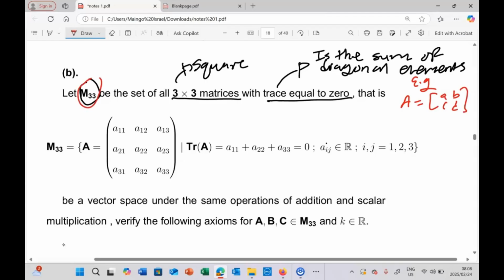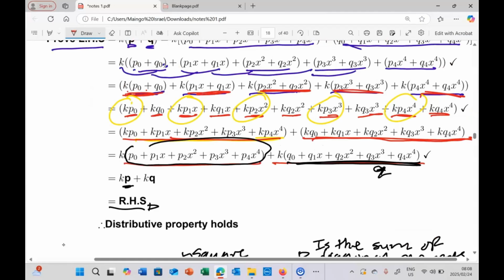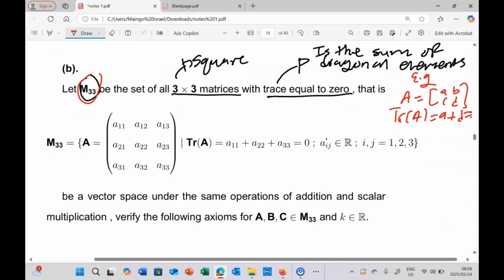It's not related to this. I'm just giving an example of explaining what trace is. So the trace of A is A plus D. So they're saying that this is equal to 0. That's what the question is saying.